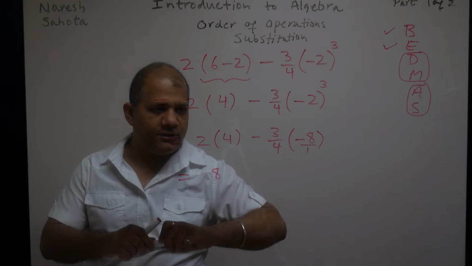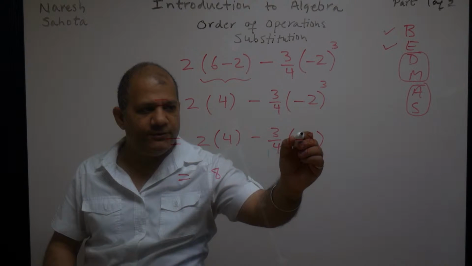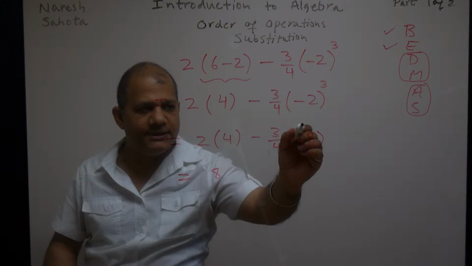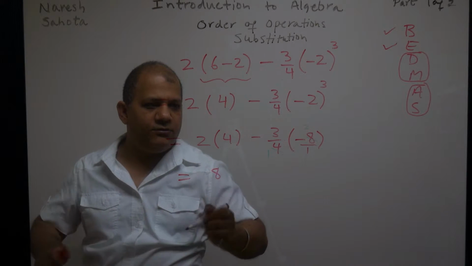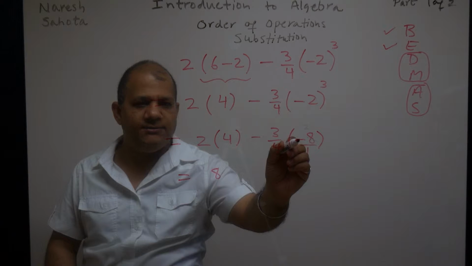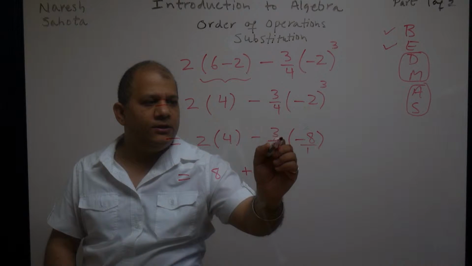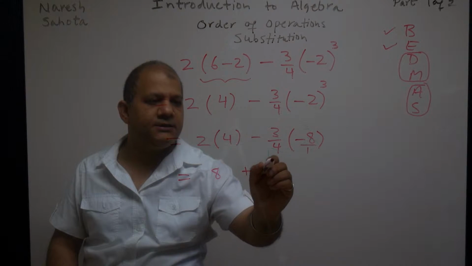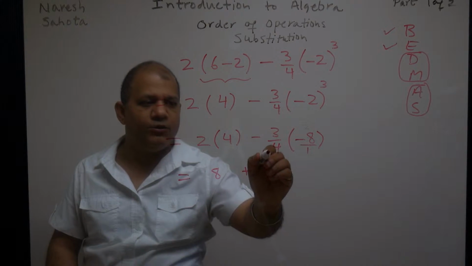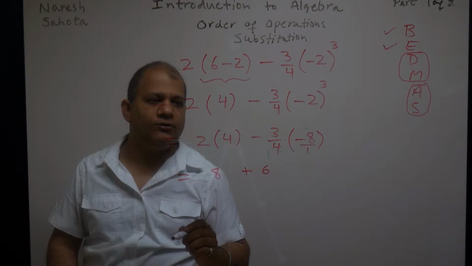I'll use a different color. 4 goes into itself once, and the same 4 goes into this 8 twice. Now negative times negative is going to be positive. 3 times 2 is 6, and over it's going to be 1. 1 times 1 is 1.